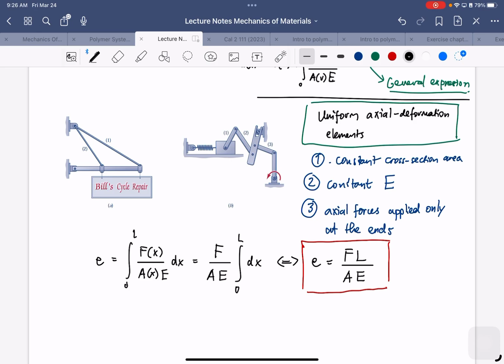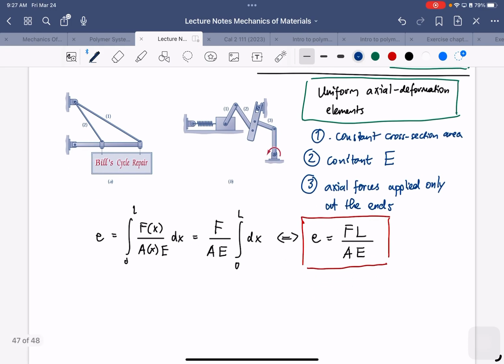Now we can also rewrite this with other terms to give you an idea how we can use this formula. So let me write, if the small f is equal to L over AE, sometimes we can write the delta as just F, basically the same formula.